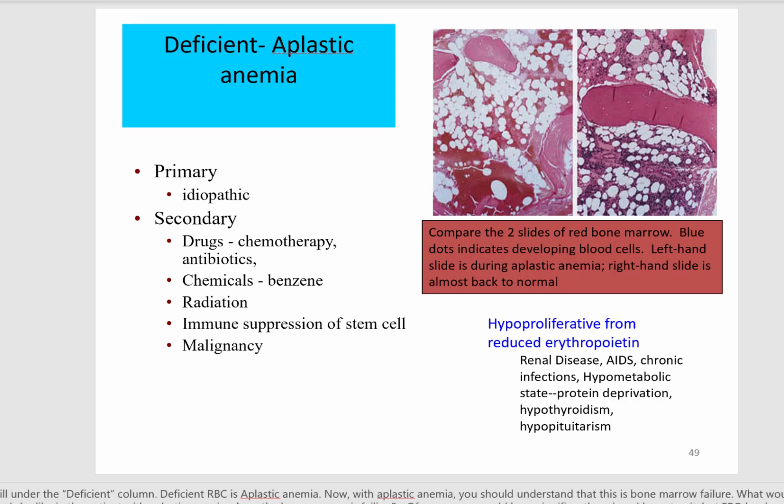I'll remind you the anterior pituitary releases TSH, thyroid stimulating hormone. If that is decreased, then the follicular cells in the thyroid would not produce enough thyroid hormone, and that in turn would reduce the amount of erythropoietin released by the kidney cells.